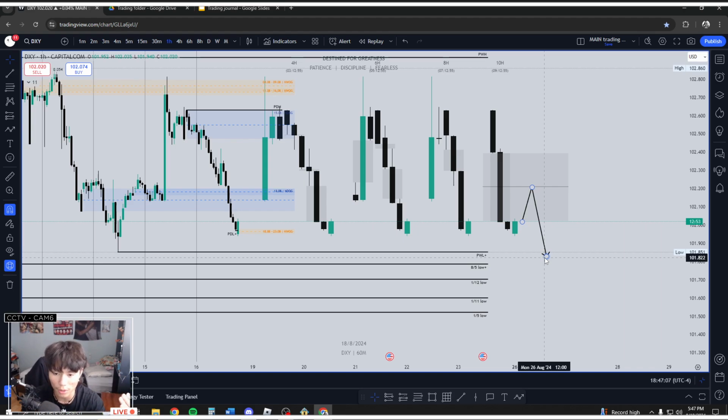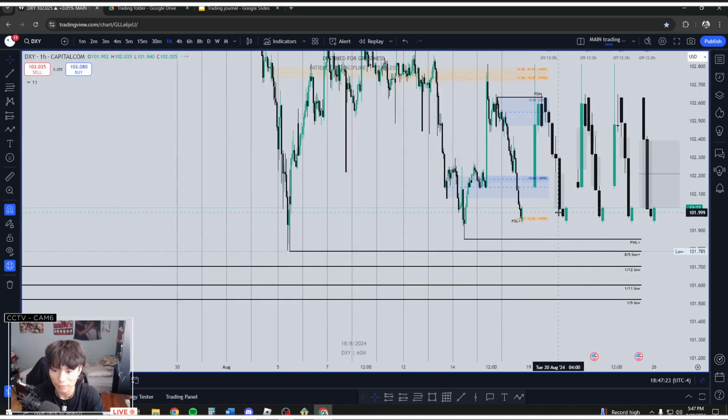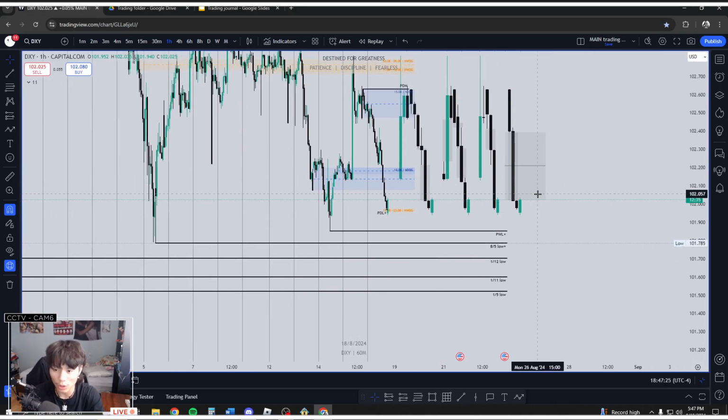But as of right now, weekly objective, previous week's low. After we take out previous week's low, then I could consider taking out January 12th low, January 11th low, January 5th low, and maybe even August 5th low as well. So those are my sell side targets for the dollar.